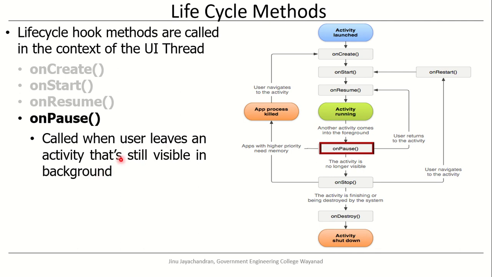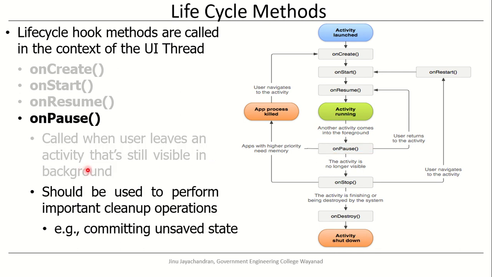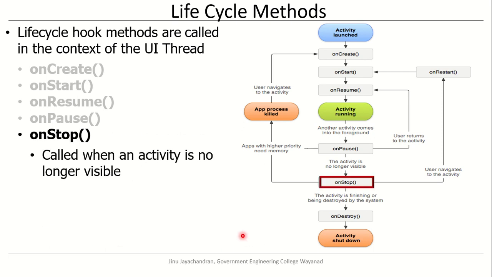That is when the user leaves an activity that is still visible in the background. This is used to perform important cleanup operations, meaning operations that release unwanted memory, delete threads which are not running, and, for example, commit unsaved state.